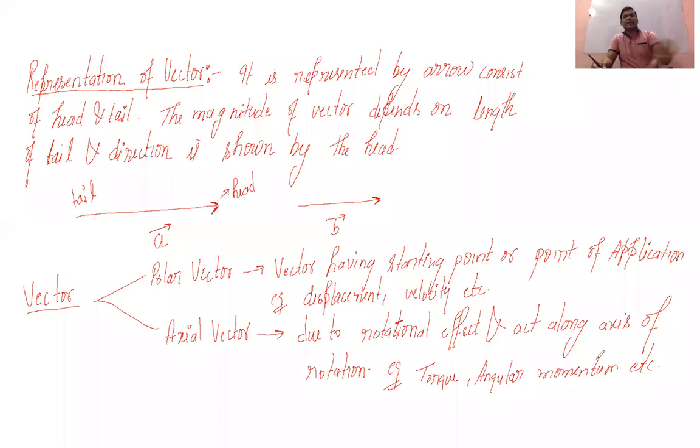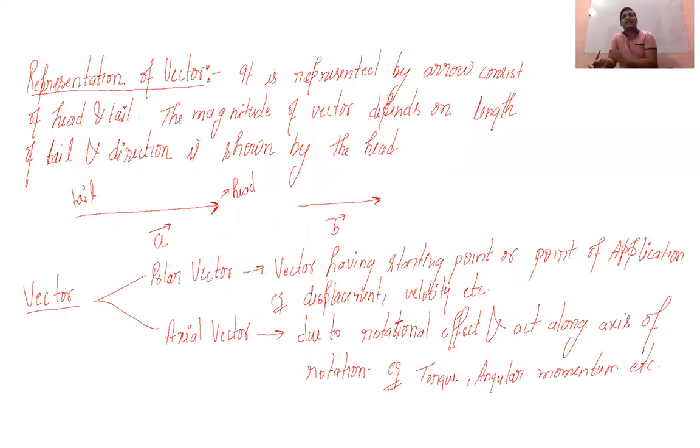So this is a simple classification of vector. Now, as a whole, we are going to see the different kinds of vectors, like equal vector, zero vector or null vector, unit vector, coplanar vector, co-initial vector, co-terminus vector, or fixed vector, free vector.